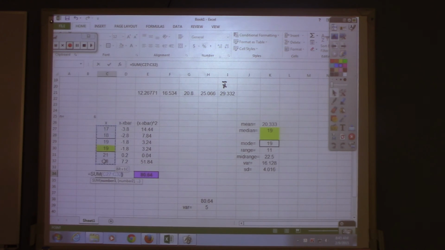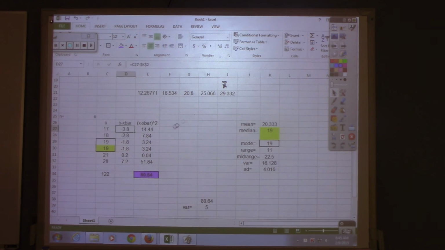And let's check to make sure. It should automatically do it. It did. And divide by, let's check, equals this divided by that. And that's correct.